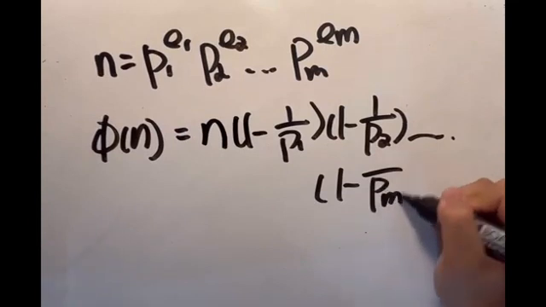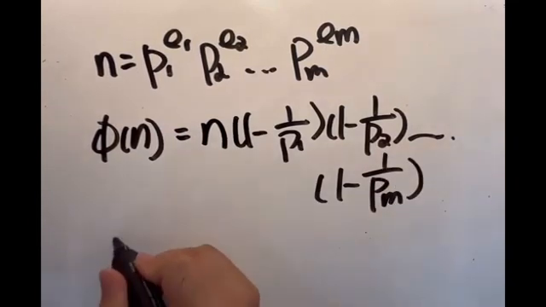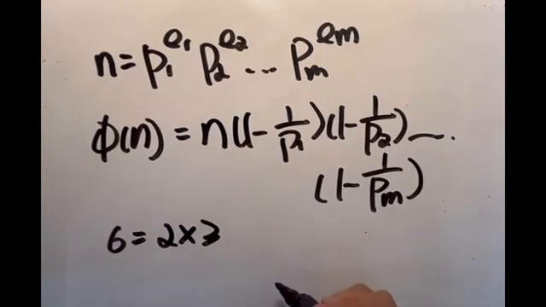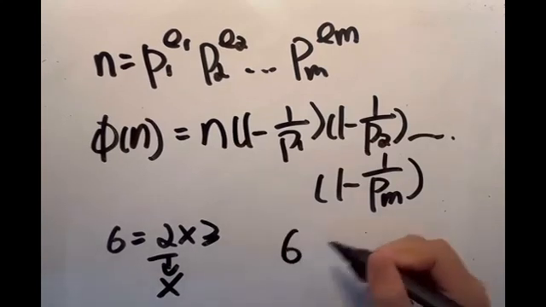Let's still take the example of phi 6. The prime factorization of 6 is 2 times 3. Since the integers we want are relatively prime to 6, they can't contain the factor 2. And how often is the factor 2 present in continuous integers? Every two numbers. Half of the integers between 1 and 6 do not contain the factor 2. So 6 times (1 minus 1/2).